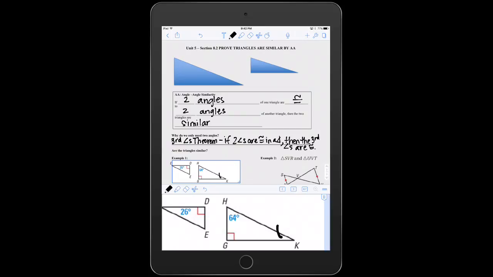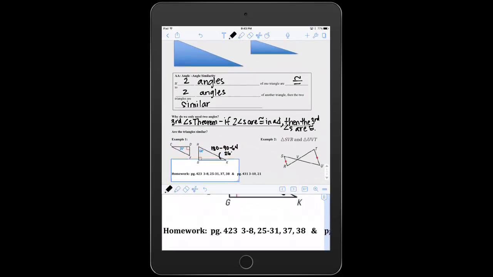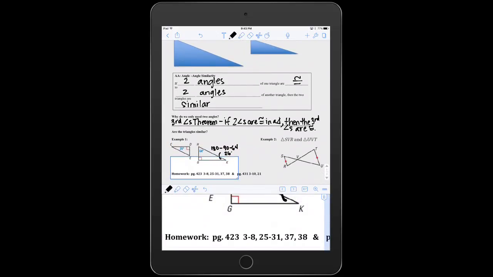And so I can find the third angle because we remember that the angles within a triangle all add up to 180. So I take 180 minus the angles that I know, and I see that I'm left with 26 degrees, which is a good thing for me because, again, I'm trying to prove that these two triangles are similar, and that requires me showing that two of the three angles are congruent.